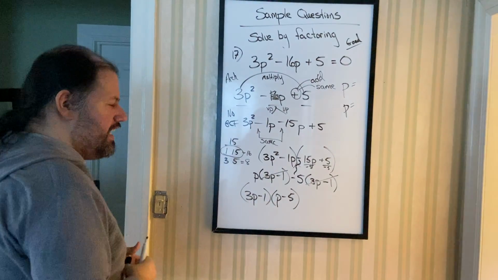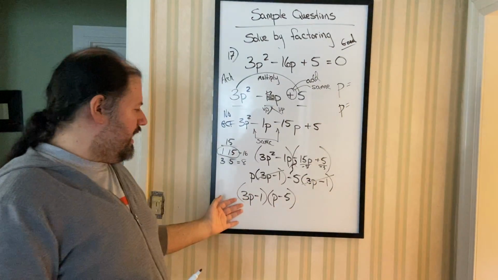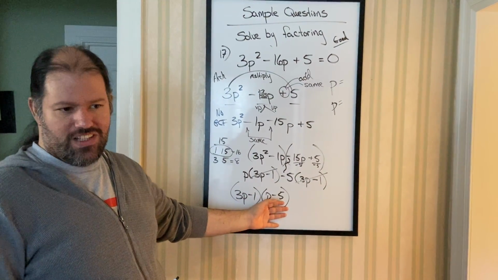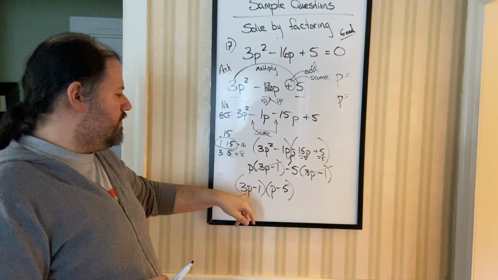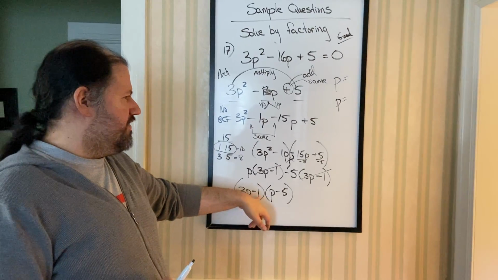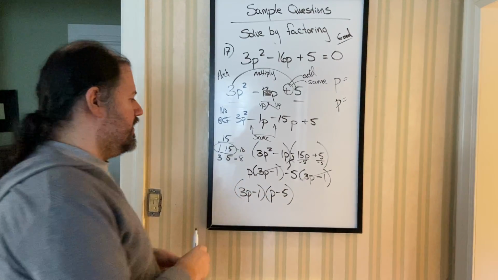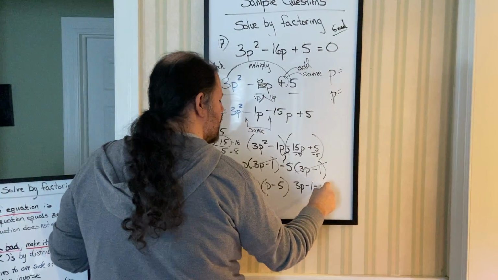Now that this is factored, remember our answer is supposed to be p equals, not 3p minus 1 and p minus 5. So how do I convert this into p equals? Well, this is where we told you, once it's factored completely, take each parentheses, each binomial, and set it equal to 0.